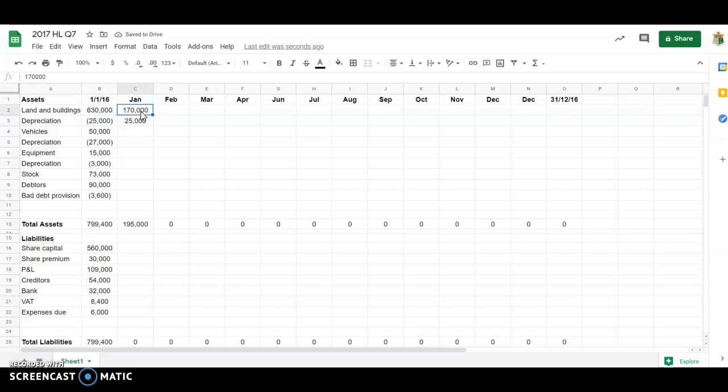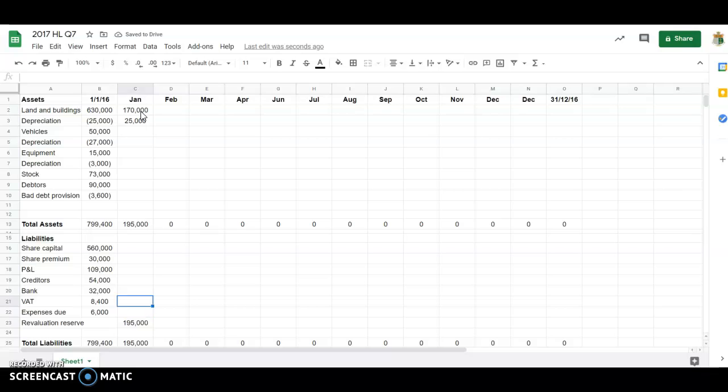What I've done now is add 195,000 onto my assets. Whenever I revalue something, what do I create? A revaluation reserve. You'd put a revaluation reserve down in your financed by on your balance sheet. So I'm going to put in the revaluation reserve down here, and that is 195,000.